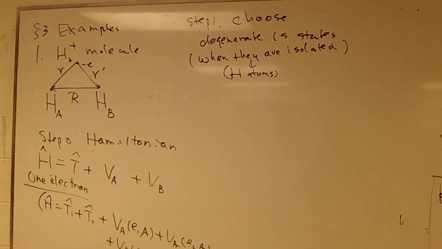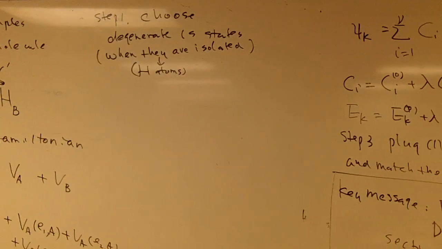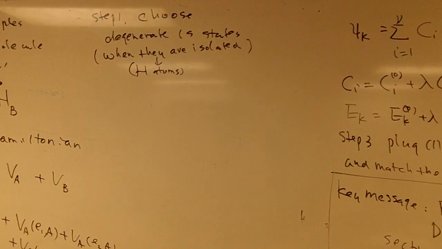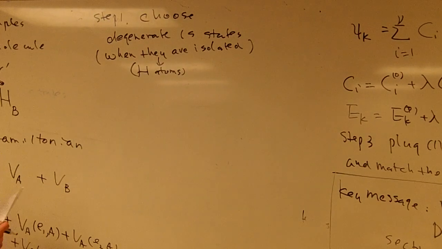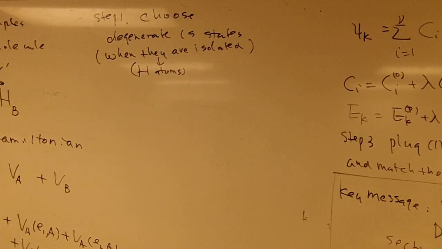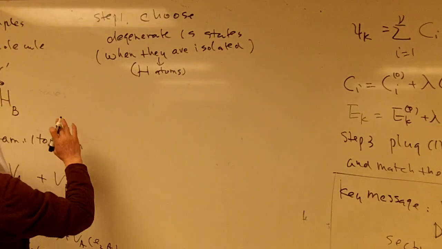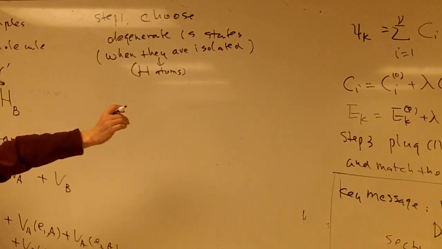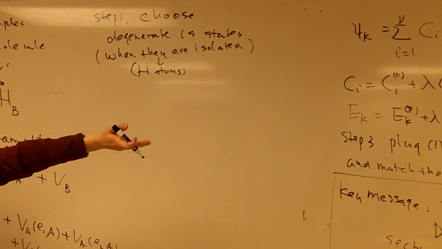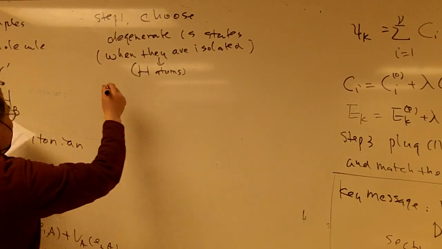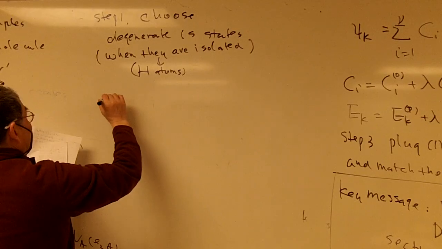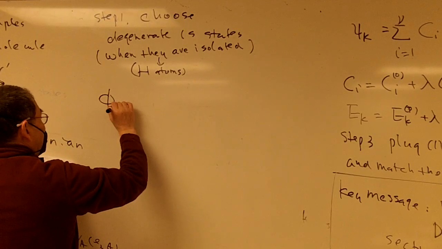These are the wave functions which we want to start with. This is a degenerate state because when they are infinitely separated, these two states will have exactly the same energy. So I'm going to show you the first eigenstate. Could you write this down?